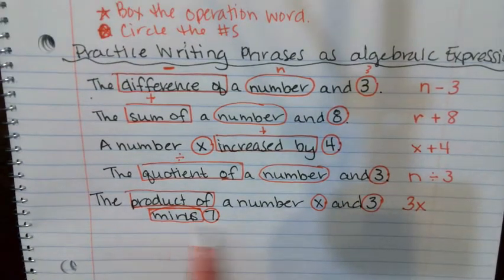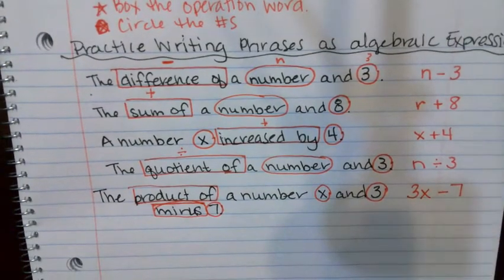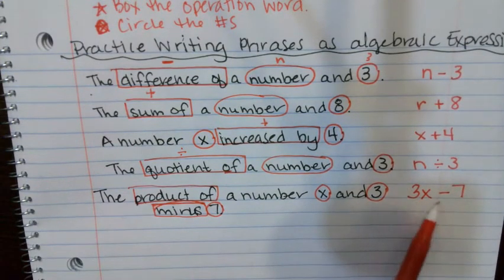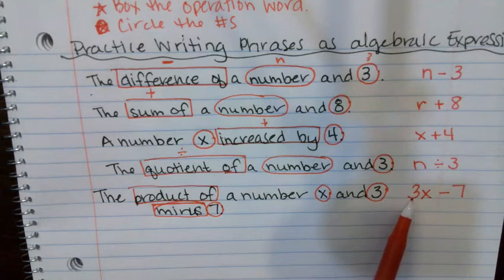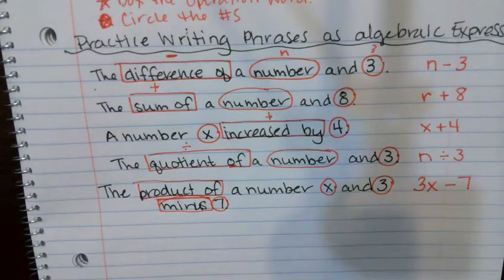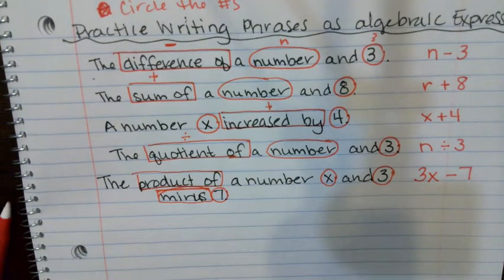Minus 7 looks like that. The variable always goes after the coefficient. You could have also written this as 3 times x minus 7 or x times 3 minus 7 because multiplication will always come first.